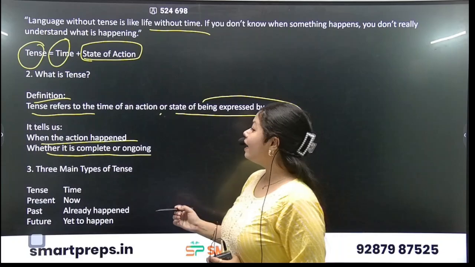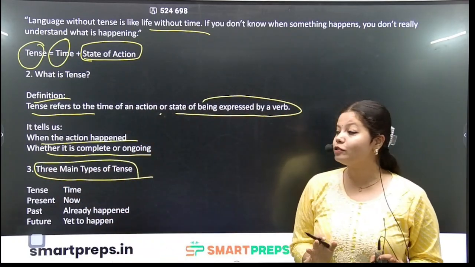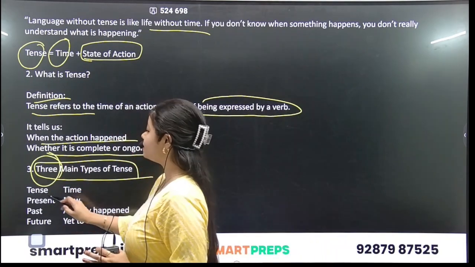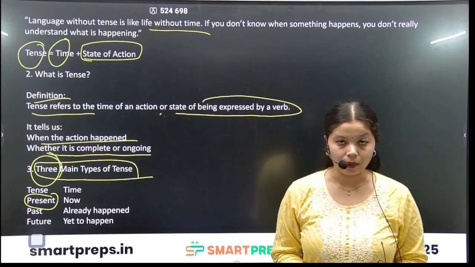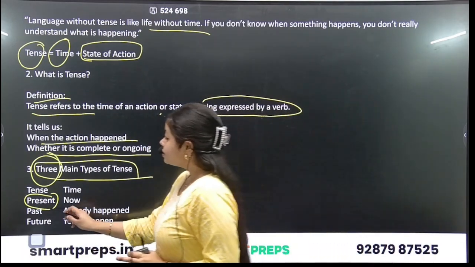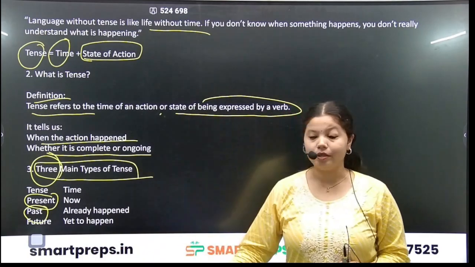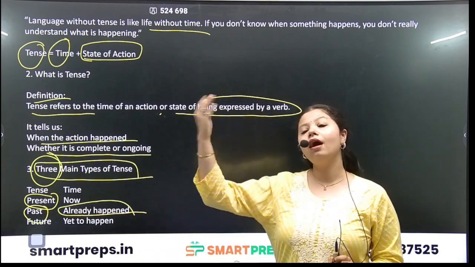So there are main types of tenses, three main types of tenses. First is the present tense, that is now, which is ongoing. Second is the past tense, which already happened, when the action has already taken place in the past.